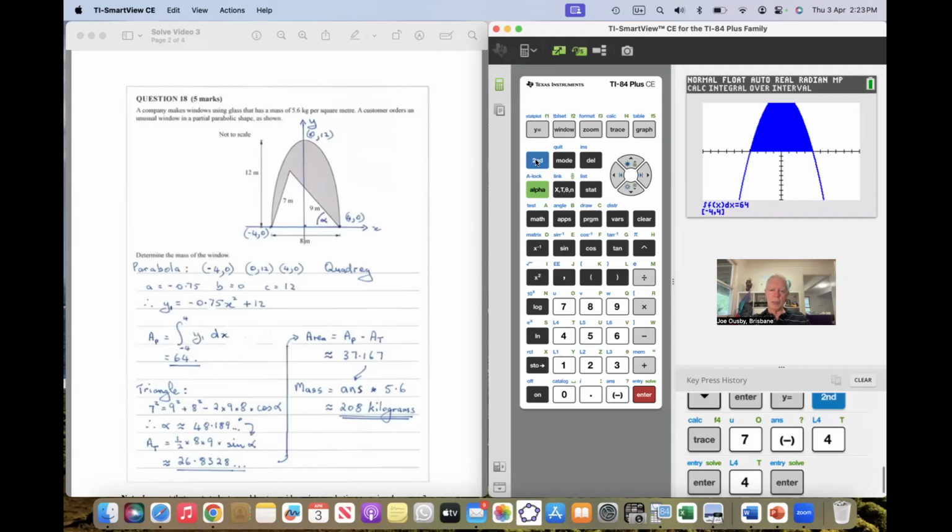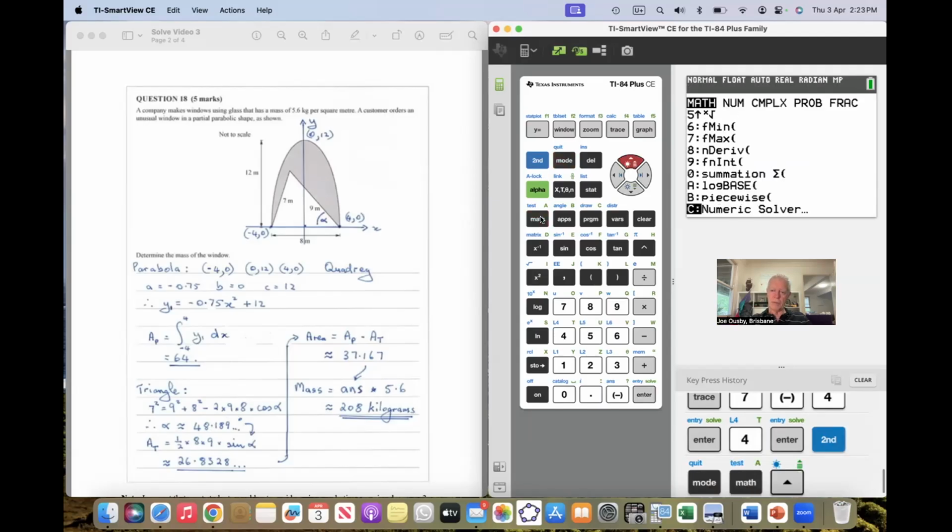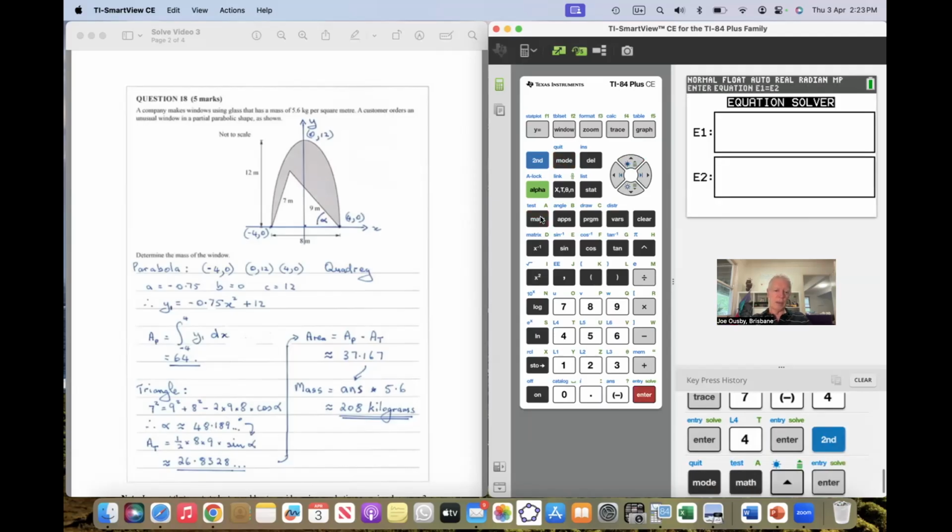So I wanted to actually go back then, so we'll quit out of that and we'll actually execute that on the calculator. So this is a solve, so go to math and the numeric solver. So we're in the solver now, and we need the answer to come out as 7 squared. Now, temptation is to write 49, and I'm going to do that because I know what 7 squared is. That's tempting as well. 9 squared is 81.